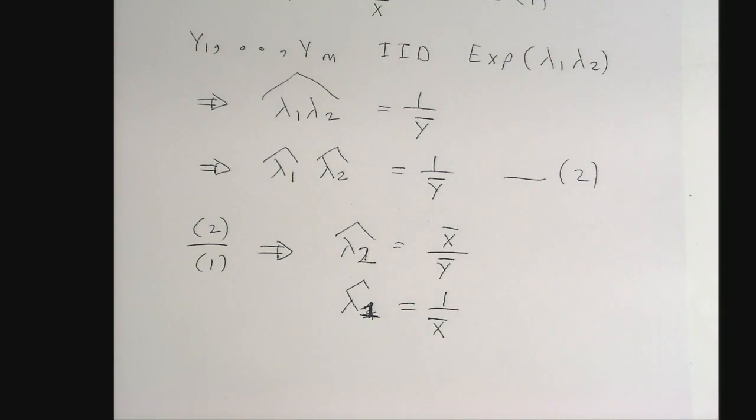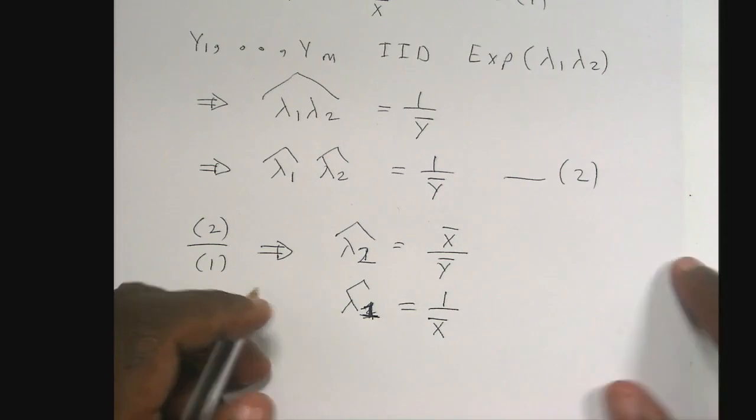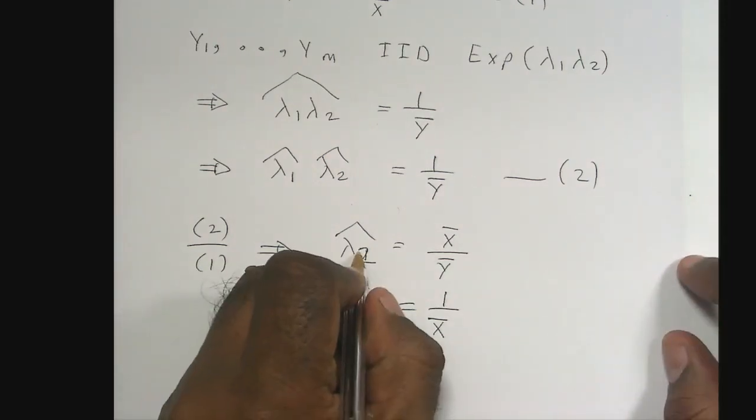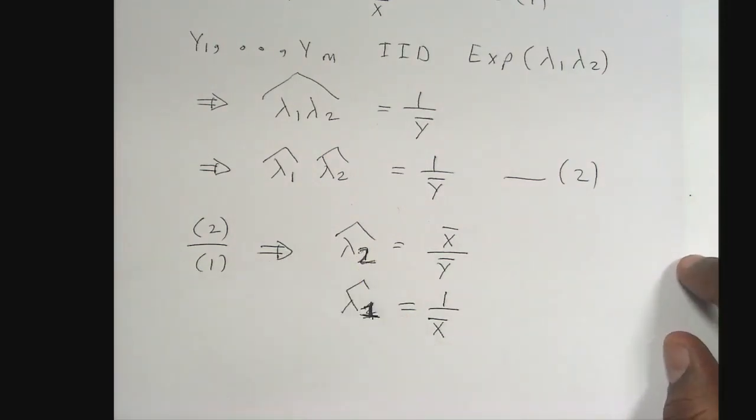This is the shorter way to do it. The longer way to do the same question is to write down the joint likelihood function of lambda 1 and lambda 2, and then take the log, and then take the partial derivatives and solve them, and you will get the same answer as this and this, if you do it that way.